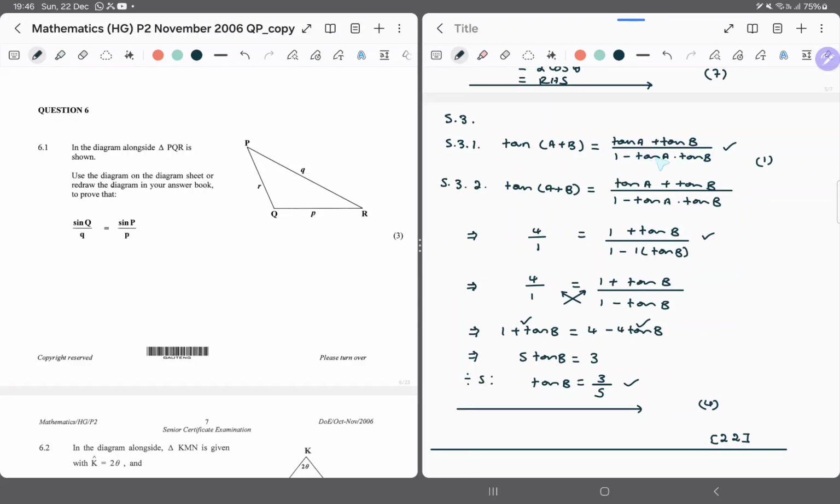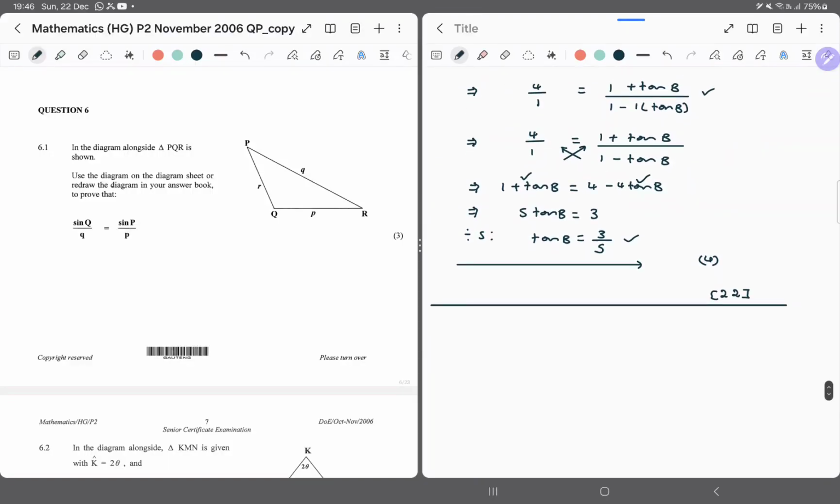Remember, this can be asked in the exam. Even though it's not part of the syllabus, it's still an identity, and it is still maths. We are using the same principles that we use to prove anything. So be on the lookout. This can come to haunt you. So watch out.